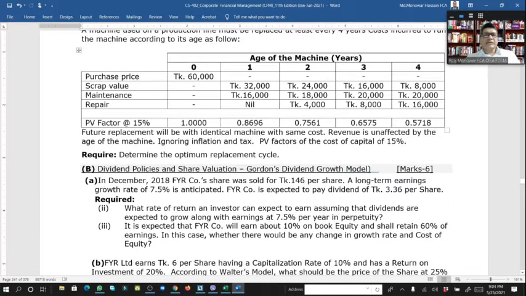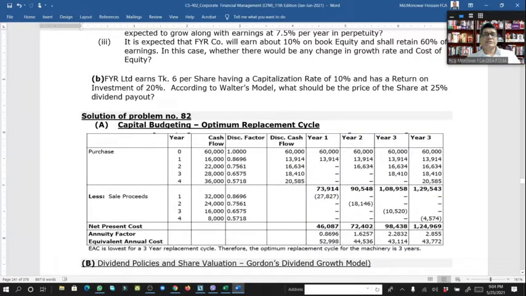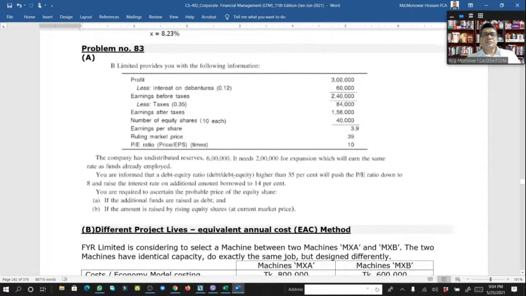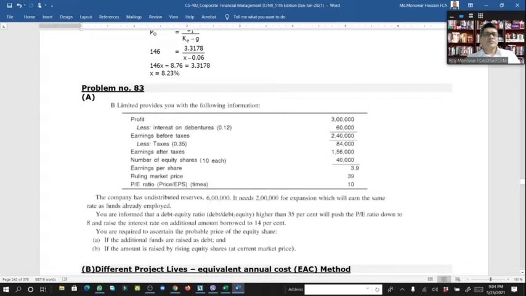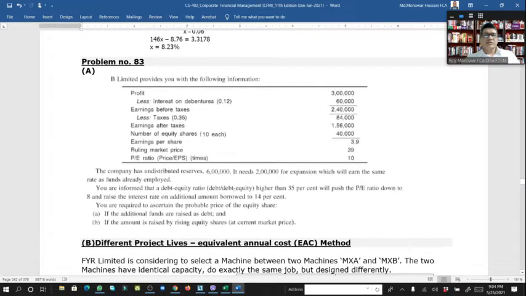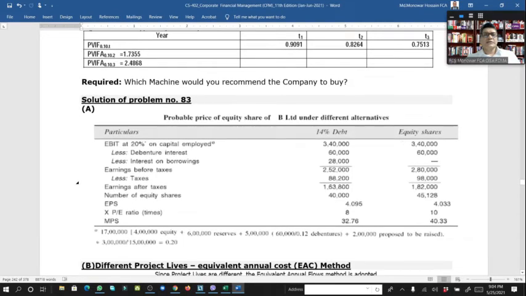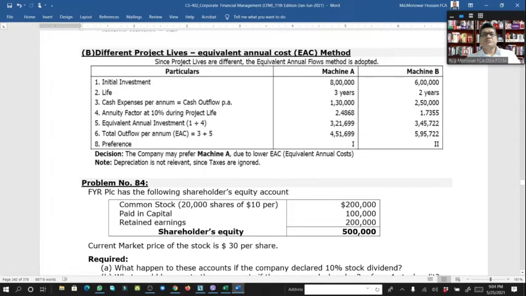Try it today, and I think next class I will do another different types of math. I will take it. And this one is a problem. Do these types of problems also come in your exam? Equivalent annual, the same to same math.